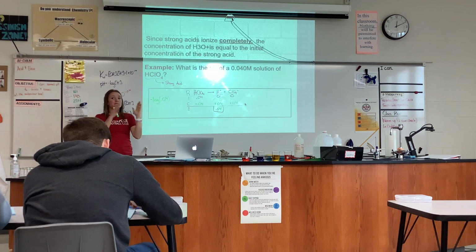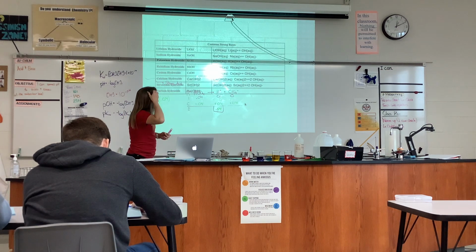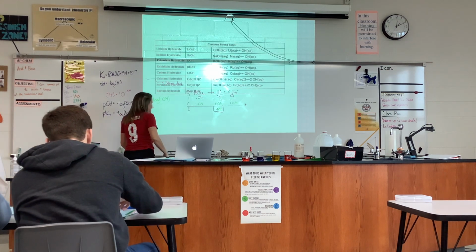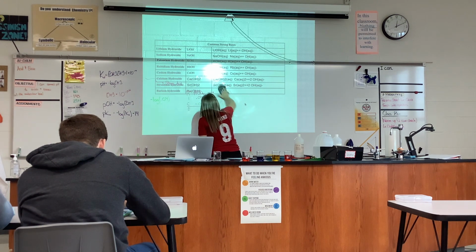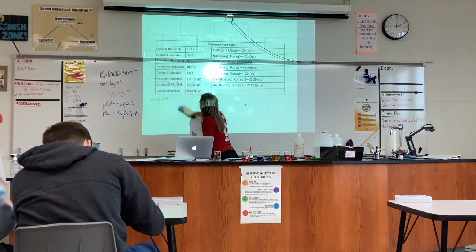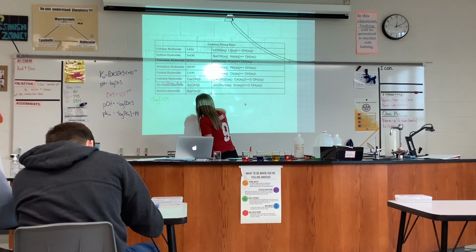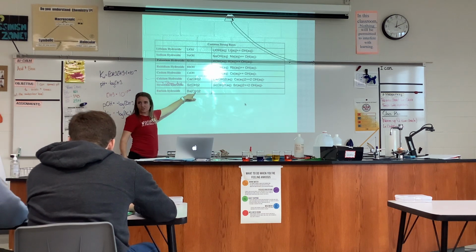Okay, let's look on the reverse side at our strong bases. So here's our list of strong bases we're eventually going to memorize. They're a little easier to memorize because there is a pattern to them. All of them have OH.